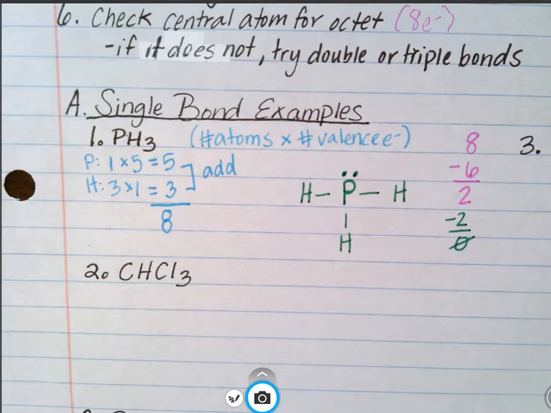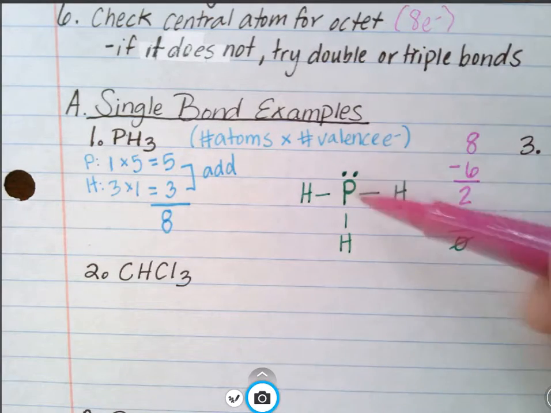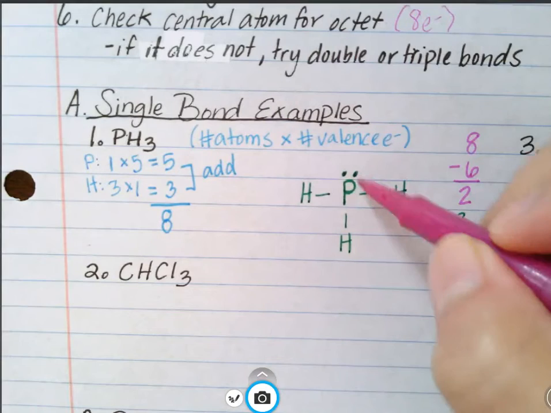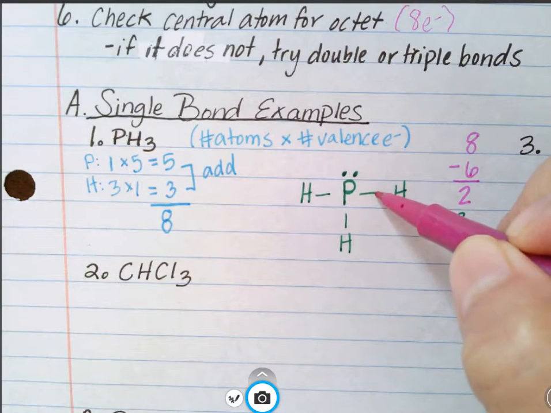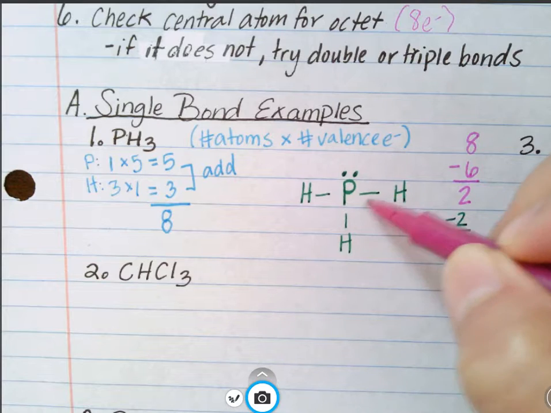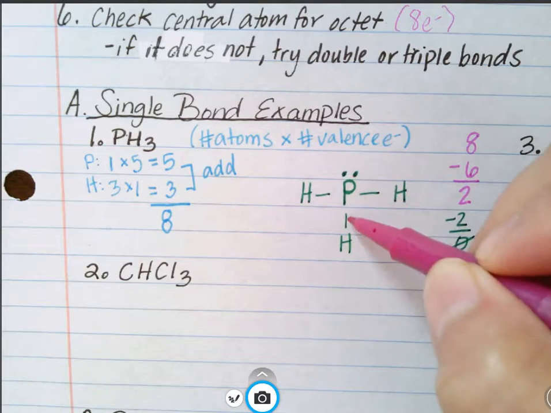Okay, we're going to check, it says in step 6 to check the central atom for an octet. We'll worry about if it doesn't in just a second. Okay, so let's count. Phosphorus has these 2, plus each one of these 2, so 2, 4, 6, 8.